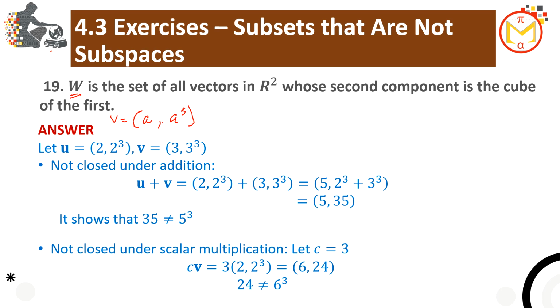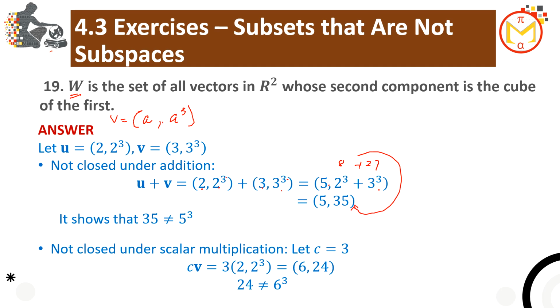If my A is 2, and in the other vector A is 3, and I do addition, I will have 2 plus 3, that's 5. Then 2 cube plus 3 cube, that is 8 plus 27, and that will give you 35.